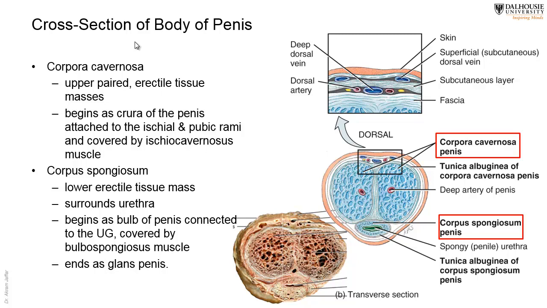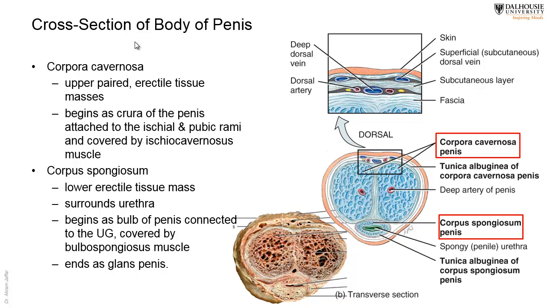Look, there is an artery here in these corpora, and it is these arteries that will spill the blood into the cavernous spaces and make the tissue erect. So corpus cavernosum and corpus spongiosum. And within the corpus spongiosum, you can find the urethra. The urethra is present in the corpus spongiosum. That's why it's called the spongy urethra.